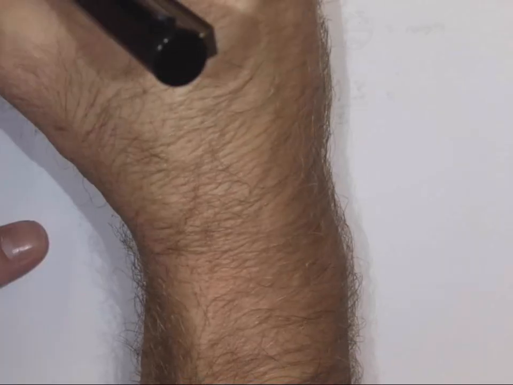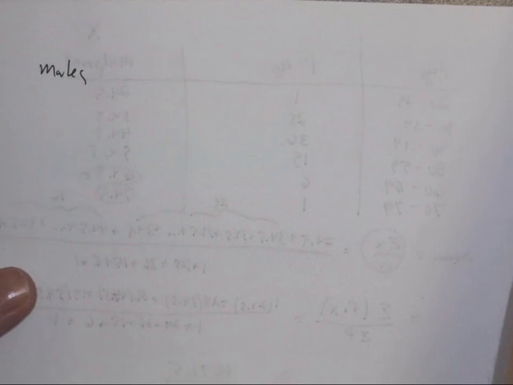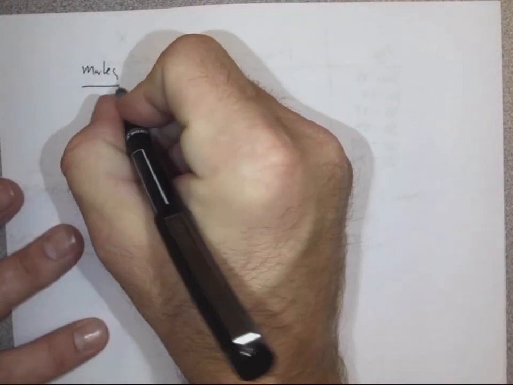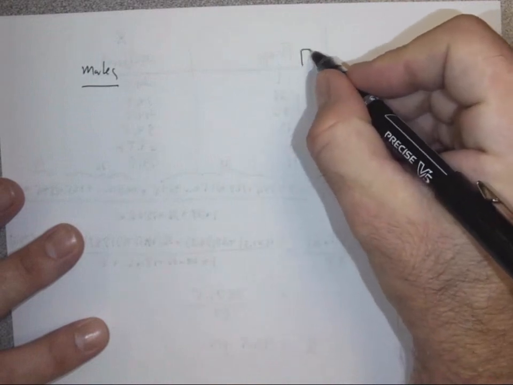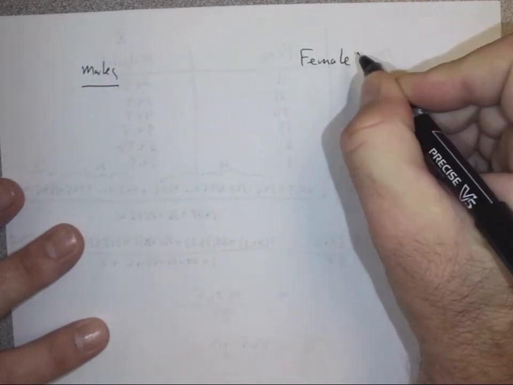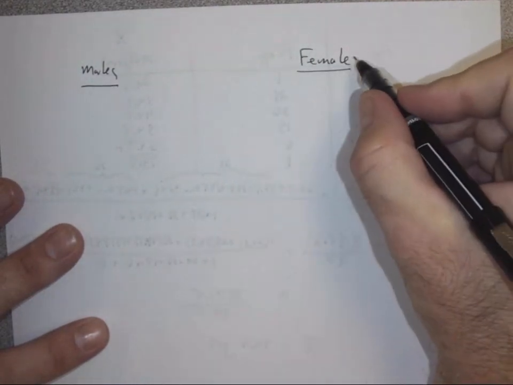All right, so what I know is that for males, let me zoom out. I like the whiteboard so much better. I have much better handwriting there. So males and females.